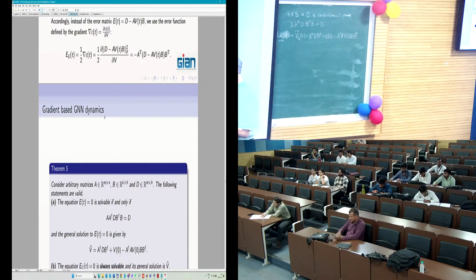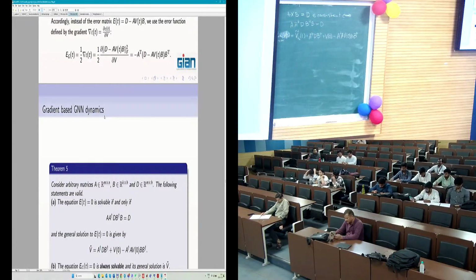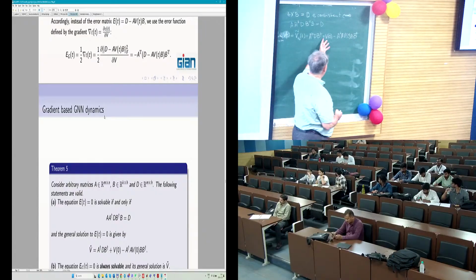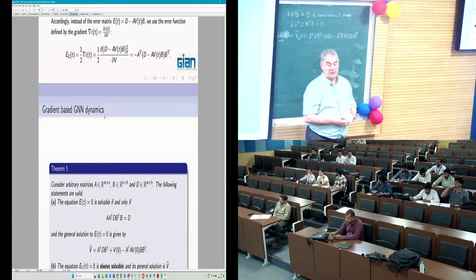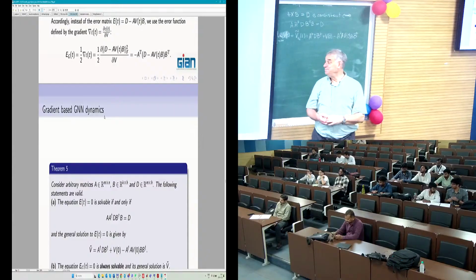It was an interesting result which says that the final result is defined by the initial state matrix. For an arbitrary initial state matrix, this solution is a least square solution.